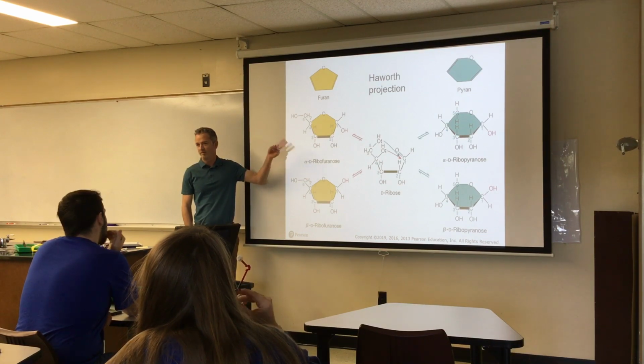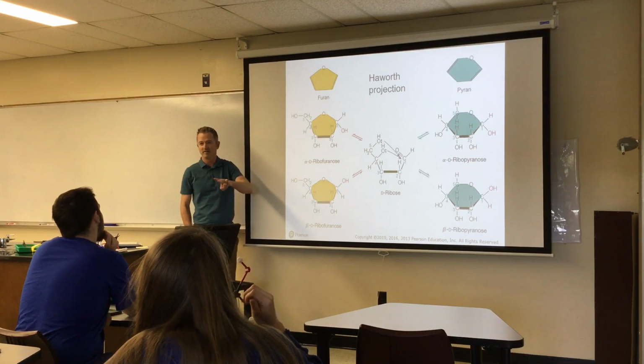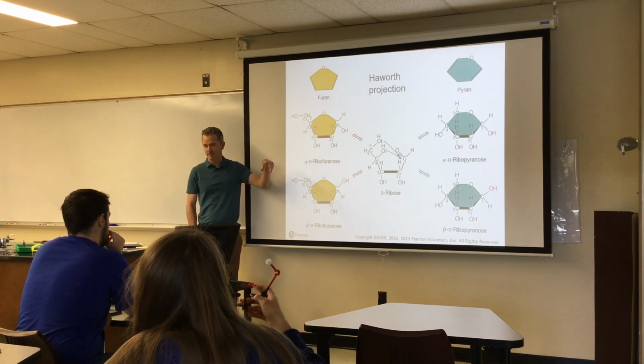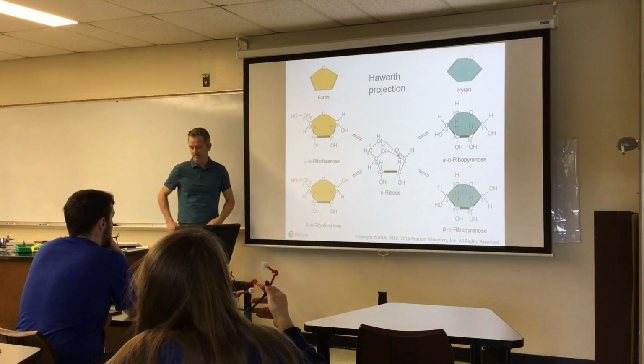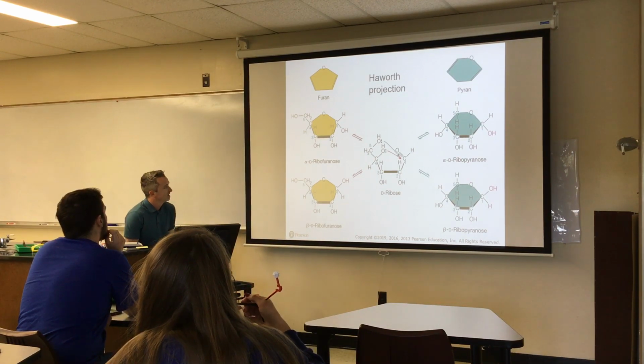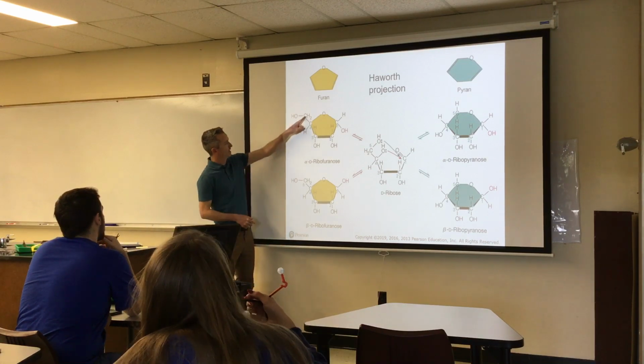D and L would be enantiomers of one another, so how would you make the L form? Flip all the chiral centers. Flip all the chiral centers or make the mirror image. Yep. Good. All chiral centers, all the carbons, I mean, except for the carbon associated with carbon number 5.